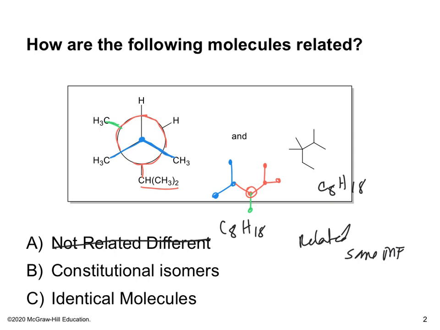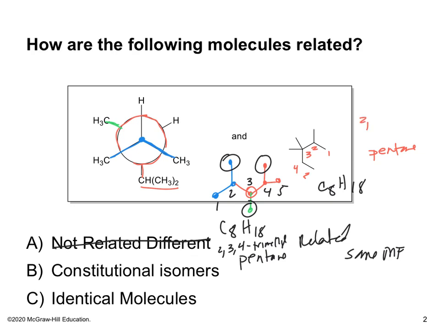But let's do the naming, see if the connectivity is the same. 1, 2, 3, 4, 5, that's pentane. And then we have 2, 3, 4 trimethylpentane. This is 1, 2, 3, 4, 5, that's pentane.